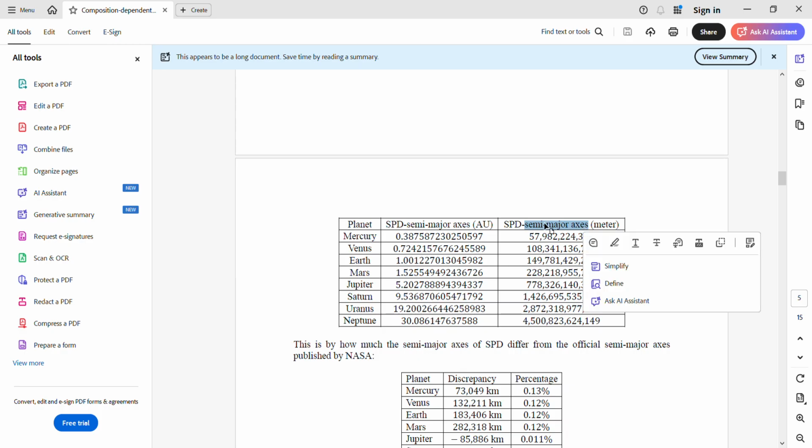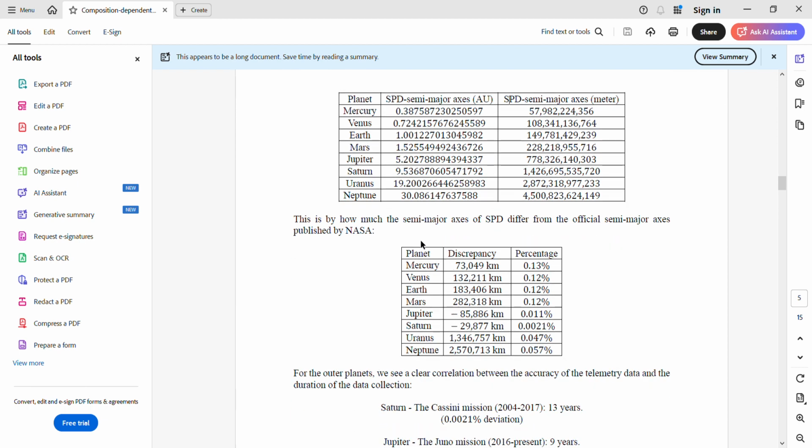Basically, but because it's elliptical, it's called the semi-major axis. So the discrepancies in the distances are like this.